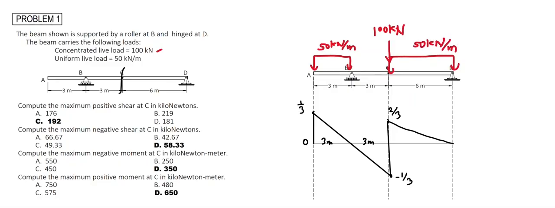Now solving for the positive shear, we multiply the point load by a factor of 2/3 and the uniform load by the area of these triangles.